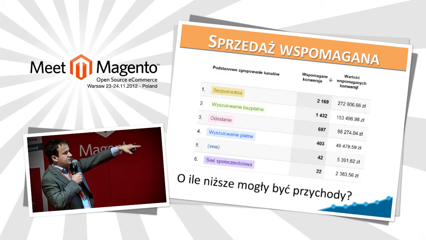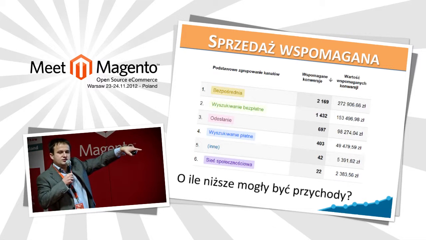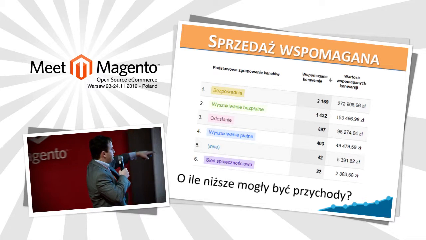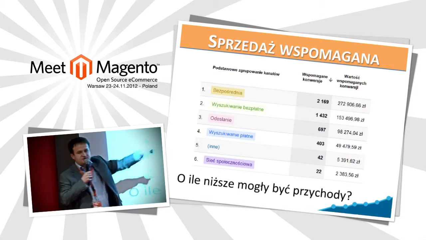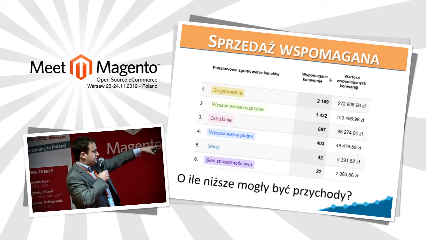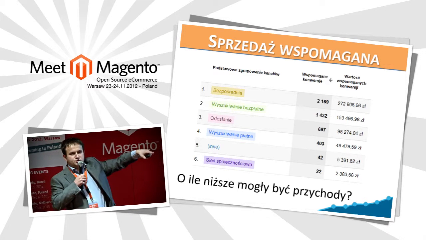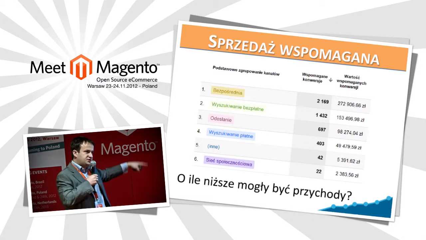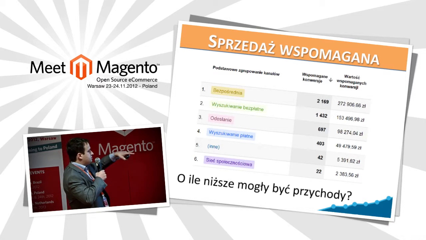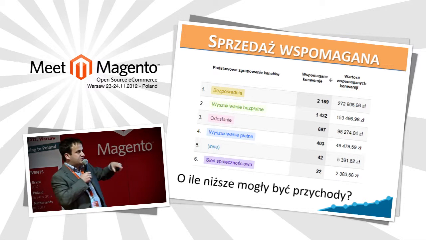That's a Polish website. You can see the value of these channels. We have, for example, paid search with a value of 49,000 zlotys. It doesn't mean that these customers arrived directly from AdWords, but they arrived from AdWords some time in the past.